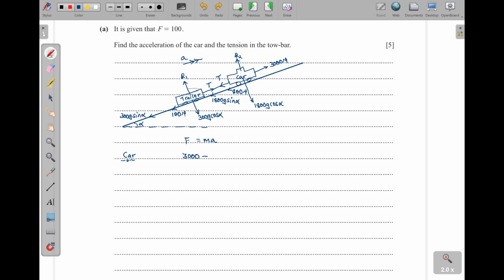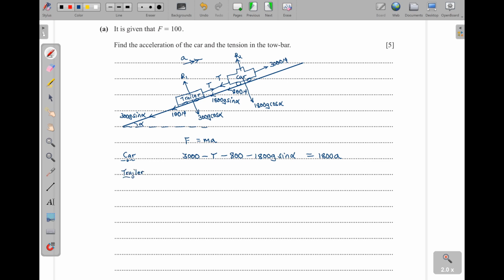Just the car, forget about this one here. So we shall have tension, then there is 800, then there is 1800 g sine of alpha. Then we equate this to the mass of the car, which is 1,800, times A. Okay? Then we go to the trailer now.